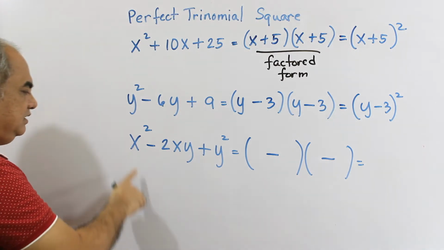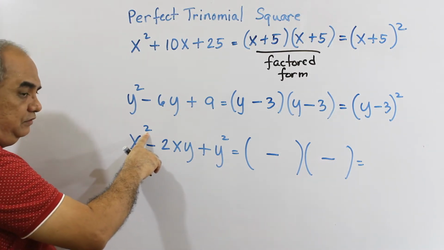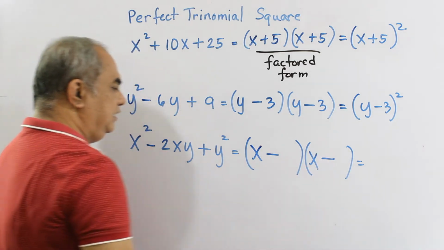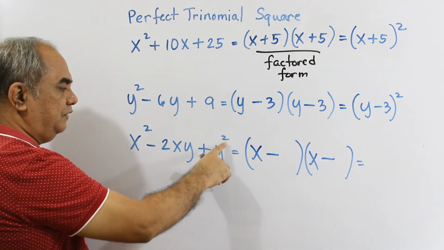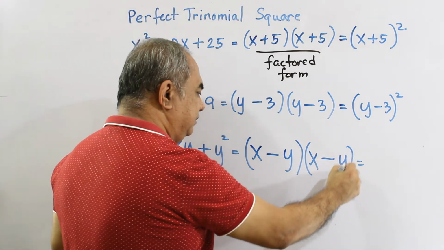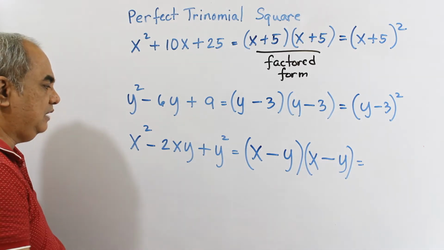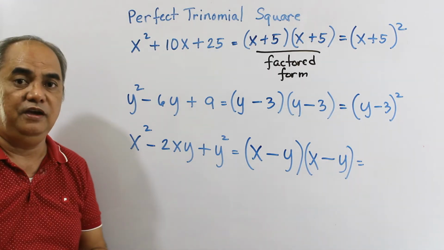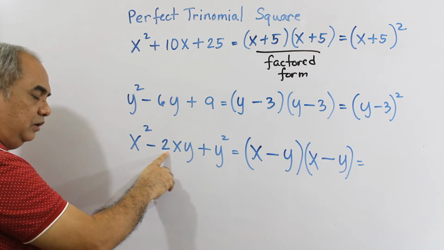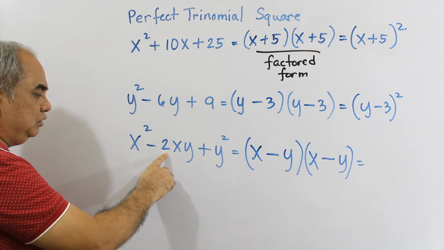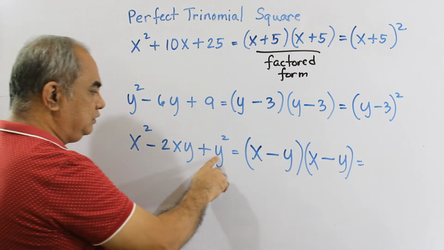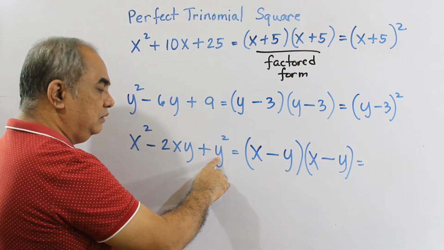Now since the factored form of x squared is x here and another x here, you will notice that the factored form of y squared is also y and y here. Now how do we know that our answer here is correct? Very simple. You just have to divide the coefficient in the middle term by 2. So 2 divided by 2 will give us 1. And the square root of y squared is y.